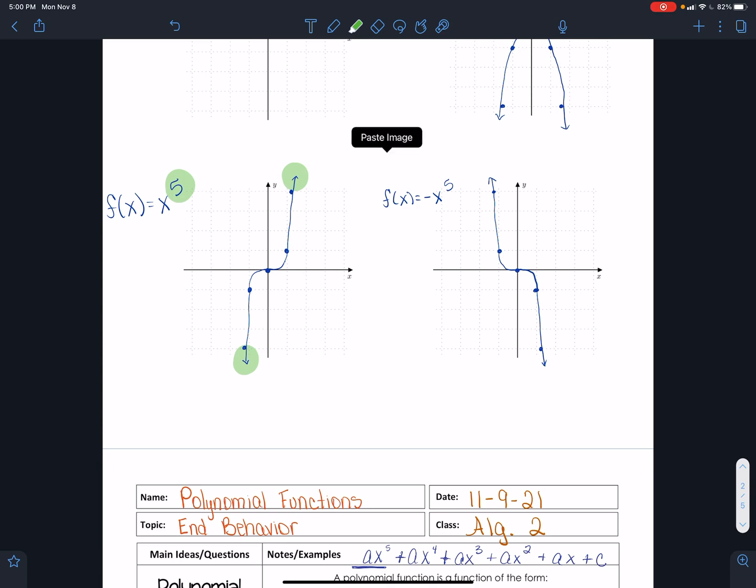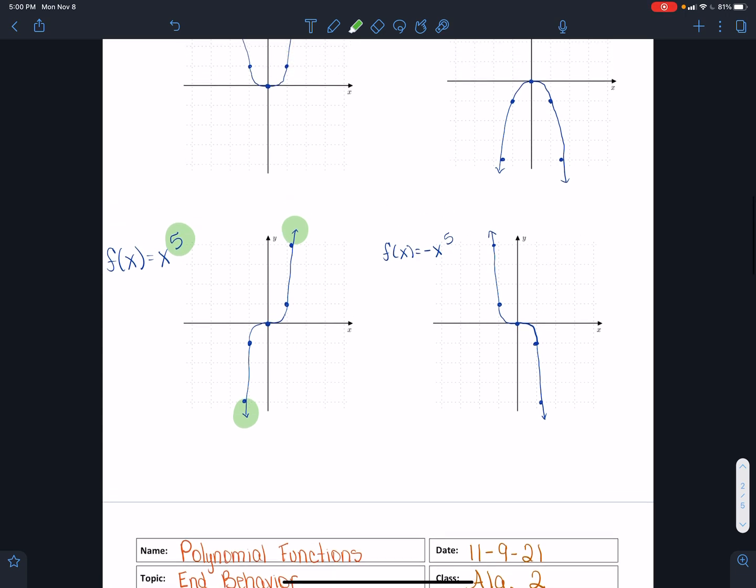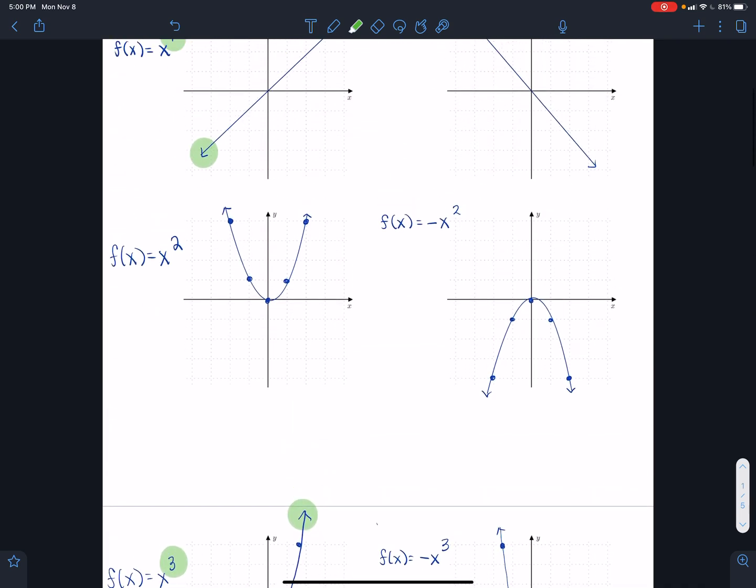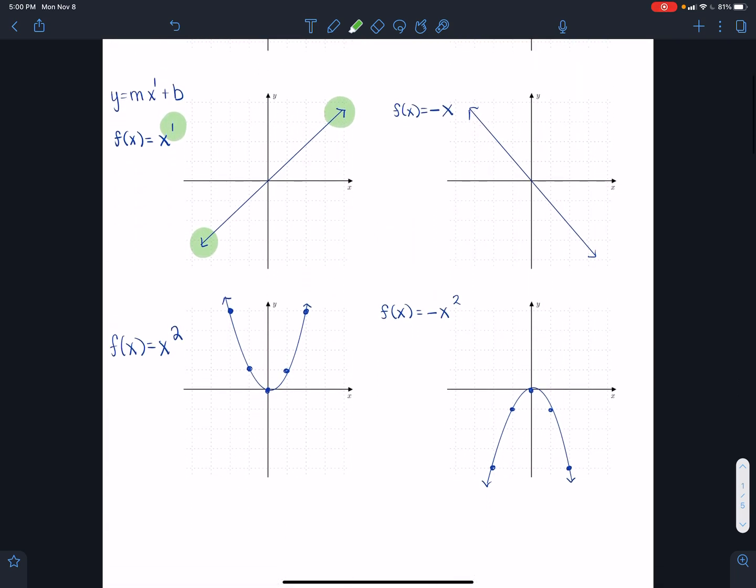Now, that is the same thing even if it was a negative x, okay? But the difference between a positive and a negative, let's look at x to the first. X to the first power, this was an increasing graph. Okay. When it is negative, it is a decreasing graph.